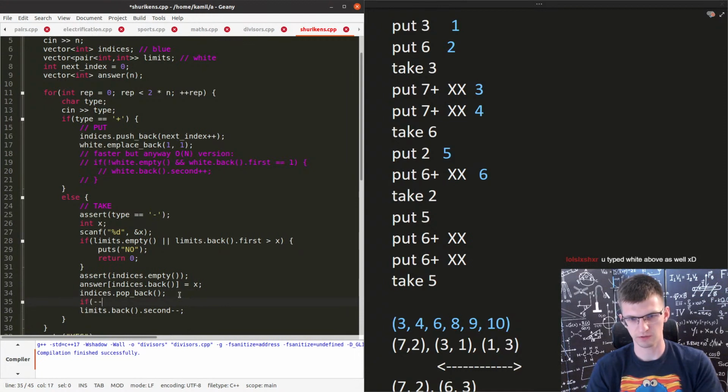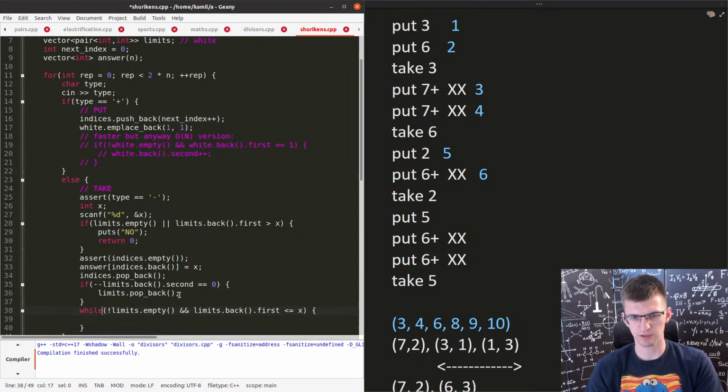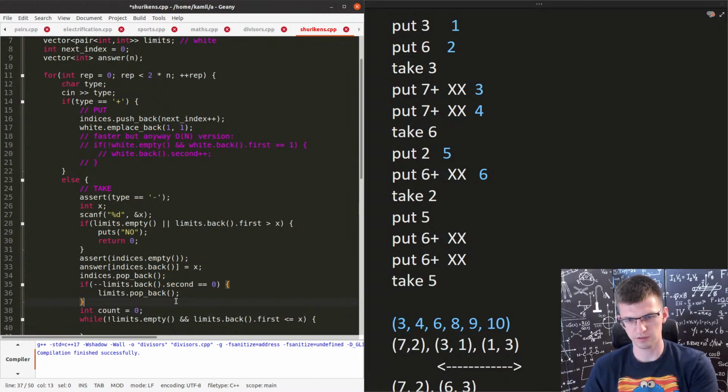So if after subtracting 1 this is equal to 0, then limits back first is equal to 1, smaller or equal x, and we maximize it with x. Then actually I don't need to pop this back, do I? Yeah, I don't.